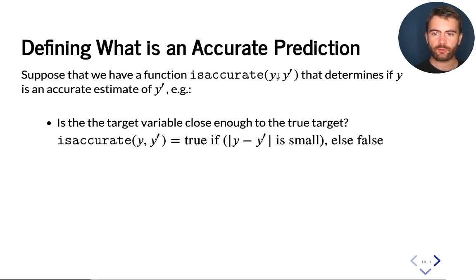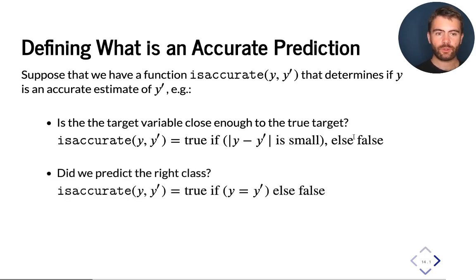It doesn't really matter for the purposes of this video how we define them, but for example, we could use our prior knowledge about this problem to define a threshold at which y and y prime are close enough, and if they're close enough, then we say accurate is true, otherwise it equals false.